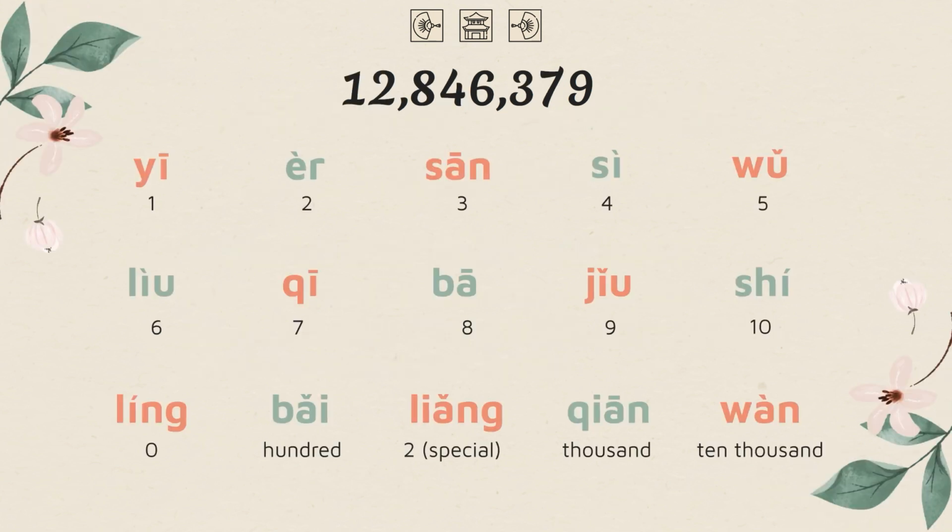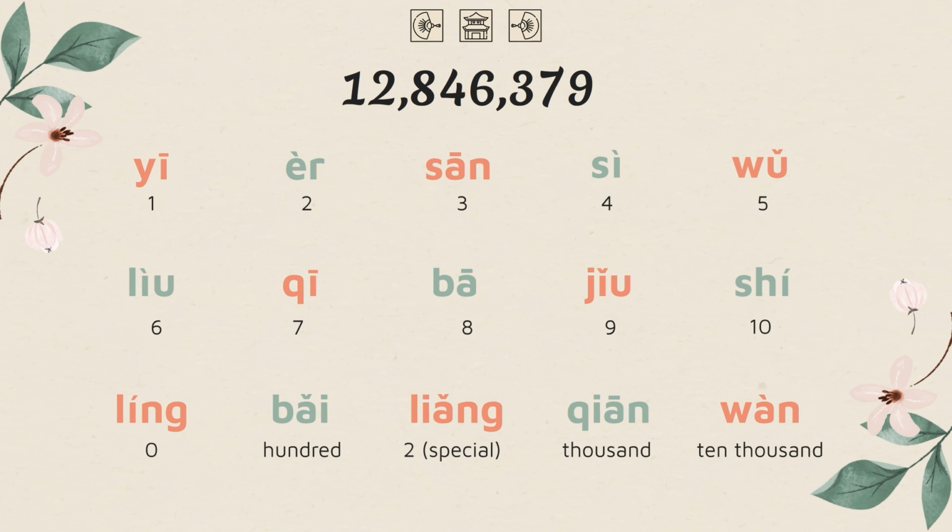How would you say 12,846,379? So the answer should be 1,284 wan 6,379. Don't worry if this is super confusing.